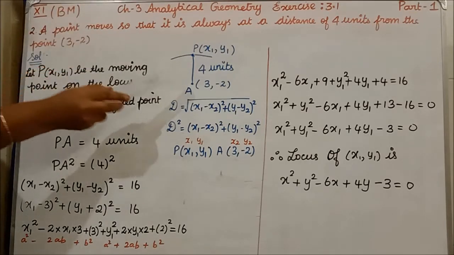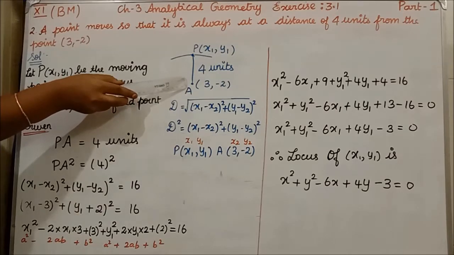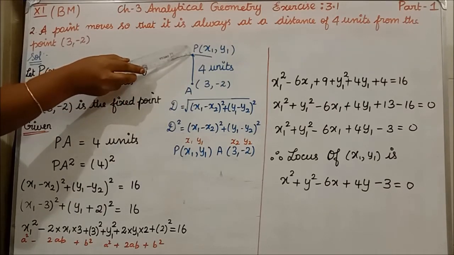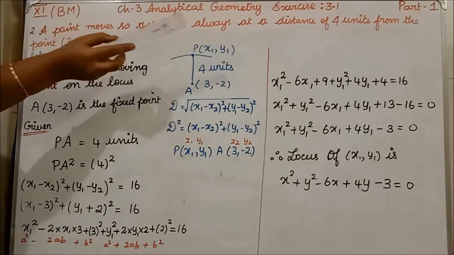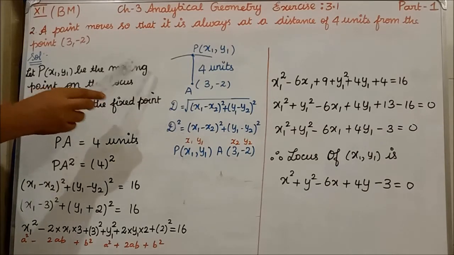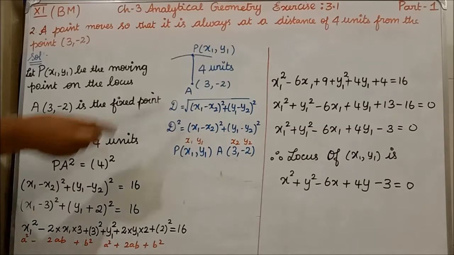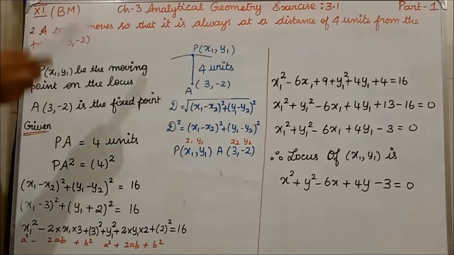So they have given a fixed point A 3 comma minus 2, with the point moving 4 units to the point P x1 comma y1. So the moving point is what? P. The fixed point is what? A. The fixed distance is what? 4 units. Clear all of you, the question? See, let P of x1 comma y1 be the moving point on the locus. So this is the point which is moving on the locus. So they have given what?